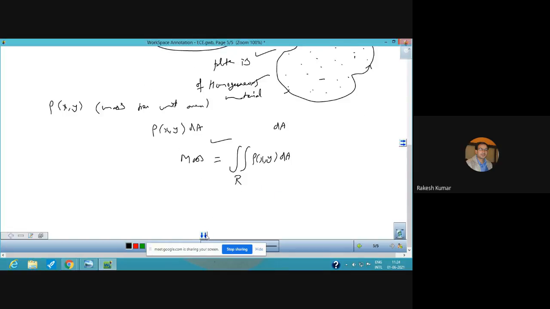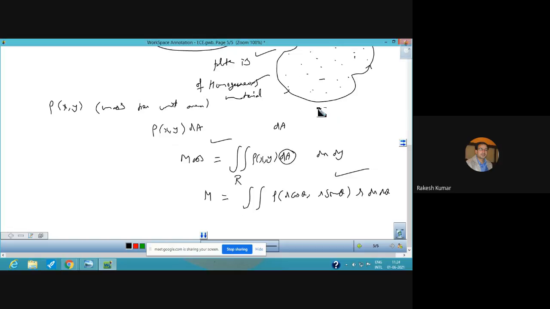And obviously in the form of polar coordinates, you can use the values of x and y: x is r cos theta, y is r sin theta, and dA, which is actually dx dy, becomes r dr d theta. This is the calculation of mass in polar form. And this is the mass for a plane lamina.